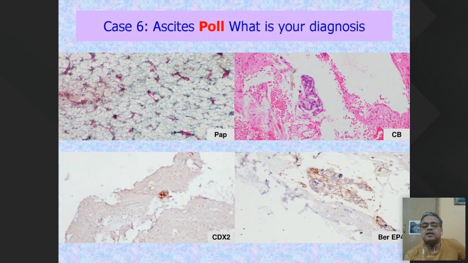BER-EP4 is another example of a dicey marker. It doesn't stain all nuclei, and it doesn't consistently come positive. But a combination of both of them coming with this morphology, which is of glandular epithelial fragments lying in ascitic fluid, you can go positive. So this is another case where a negative cytology got converted into positive because of the cell block.